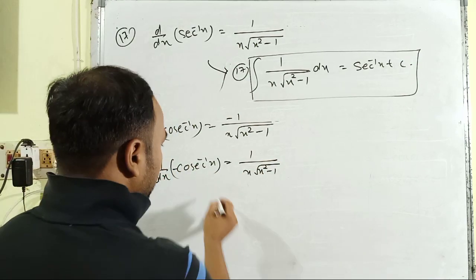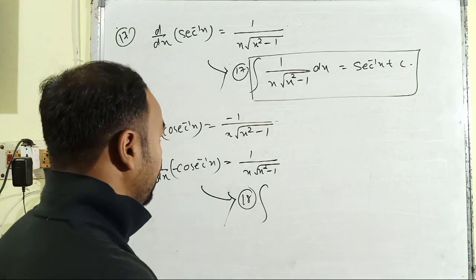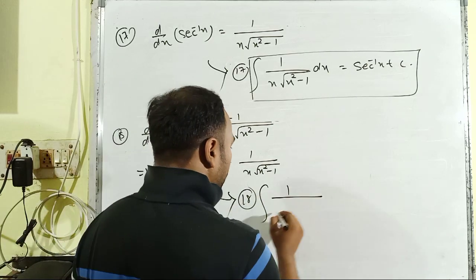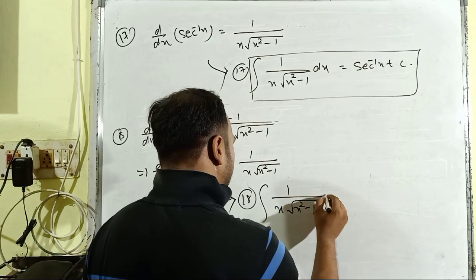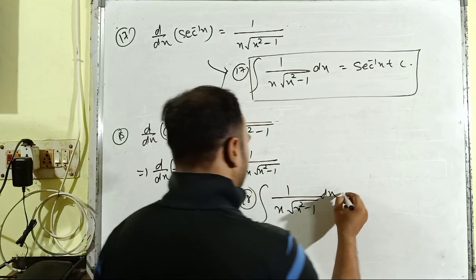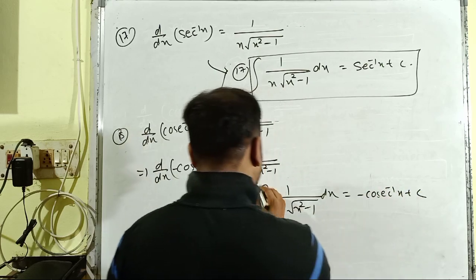Then by reversing this condition, we can have the 18th formula of the chapter integration, and that is integral of 1 upon x multiplied with the square root of x square minus 1 with respect to x, and it is minus cosec inverse x plus c.